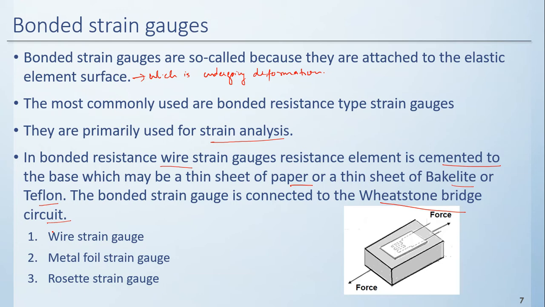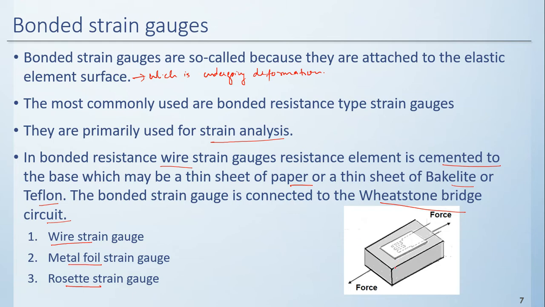The Wheatstone bridge circuit converts these electrical signals and manipulates them to get the desired form of output. We have three types of bonded strain gauges. The first one is the wire strain gauge, the second one is the metallic foil strain gauge, and the third one is the rosette strain gauge.